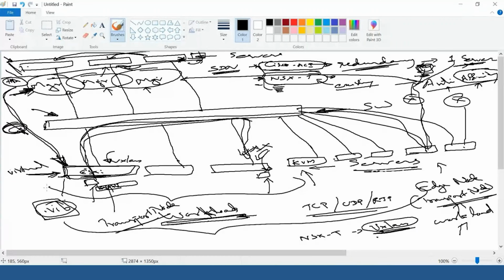Now coming to the other part. If a company wants to make their data center very high performing, they don't want any delay in performance, and they are not concerned about the cost, then they can go with Cisco ACI.